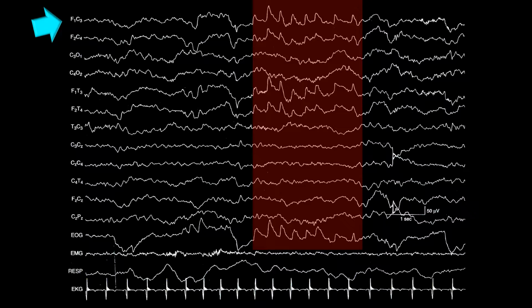At the FP1 and C3 derivation and at the FP2 C4 derivation, the activity is present, but it's also present at the FP1 T3 derivation and at the FP2 T4 derivation.